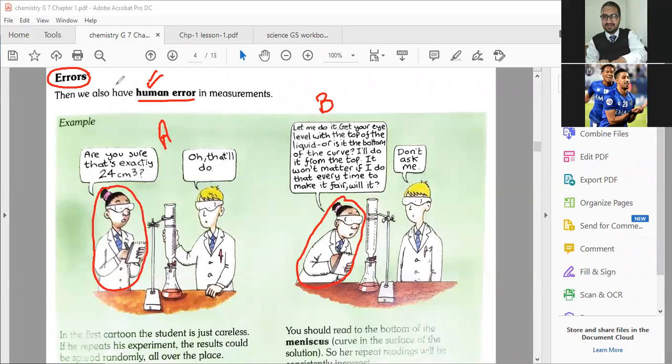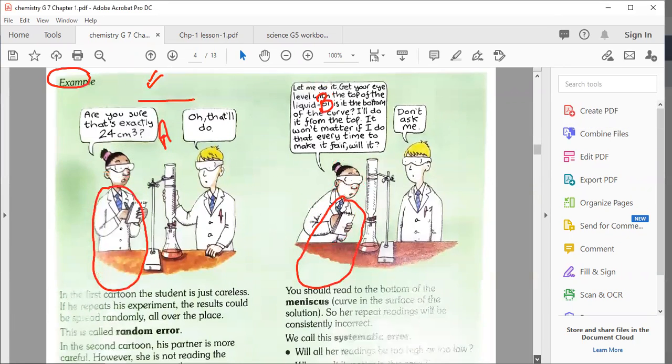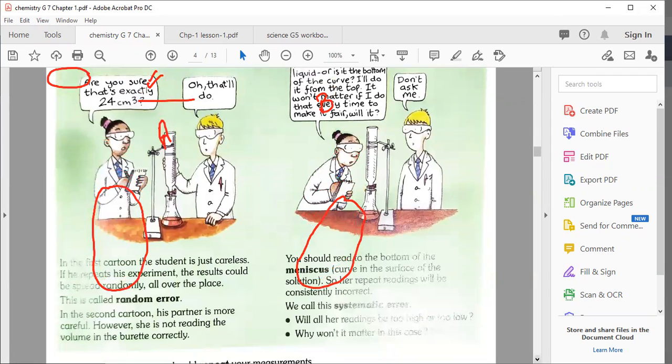So what will be the end result? Let's see the readings mentioned under this. So listen carefully.